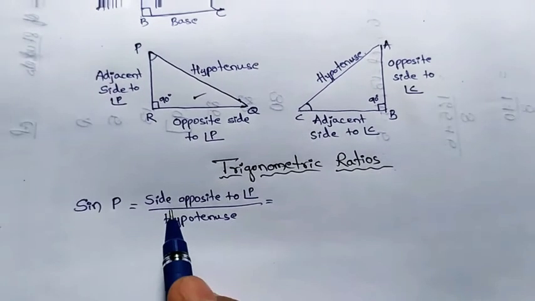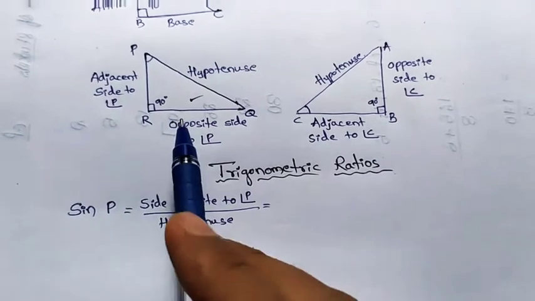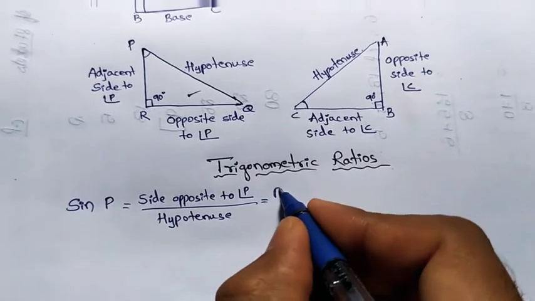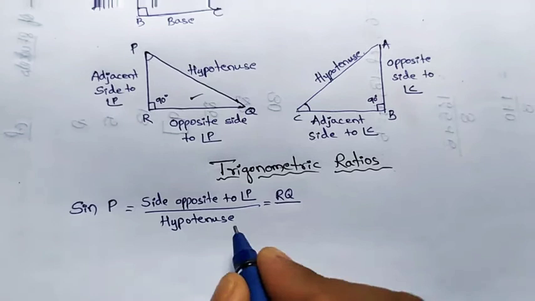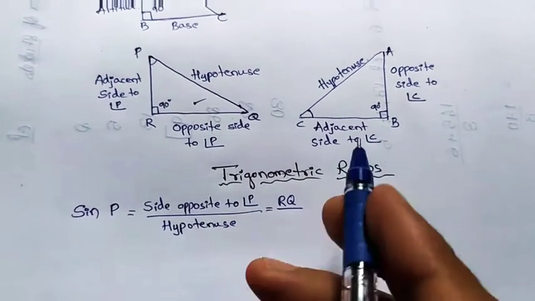The opposite side of P is RQ, divided by hypotenuse PQ.